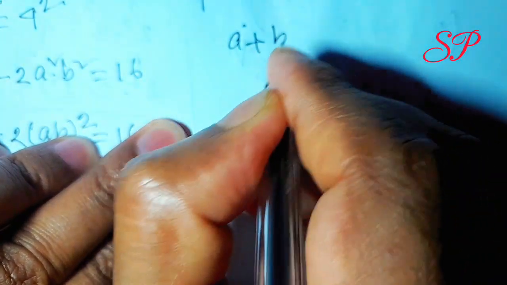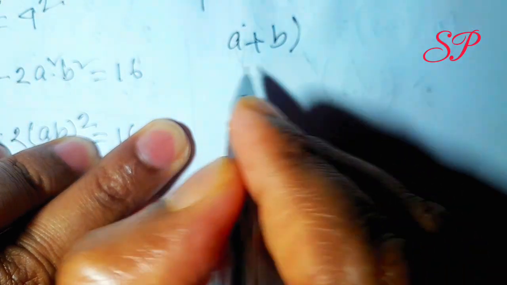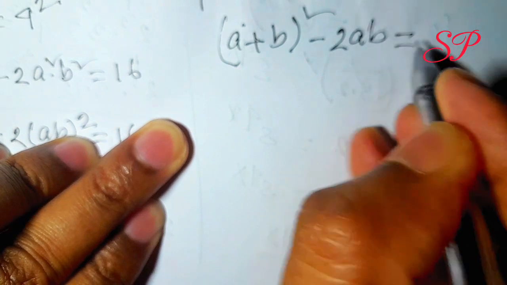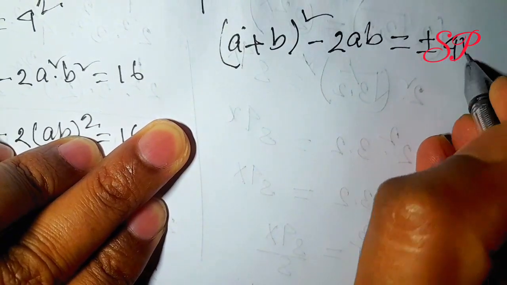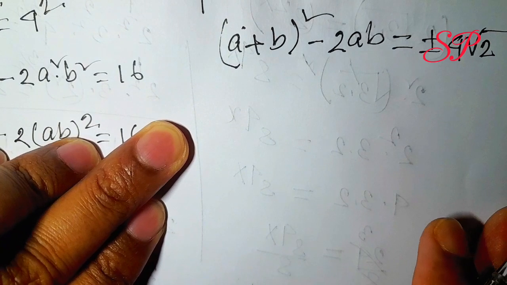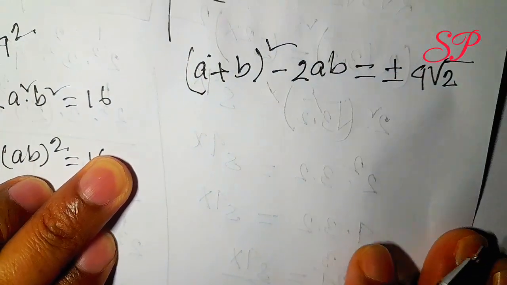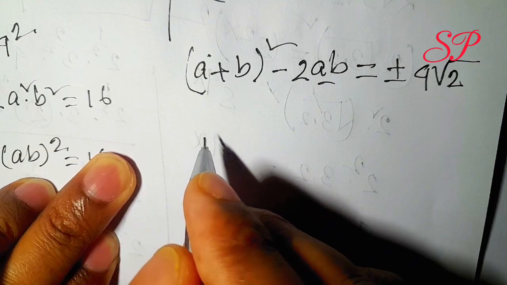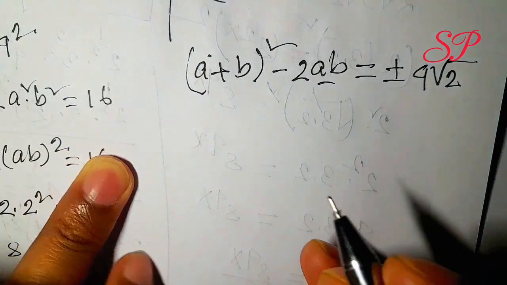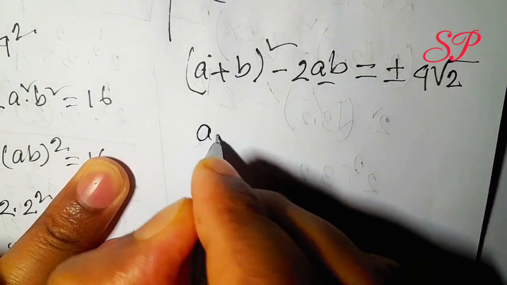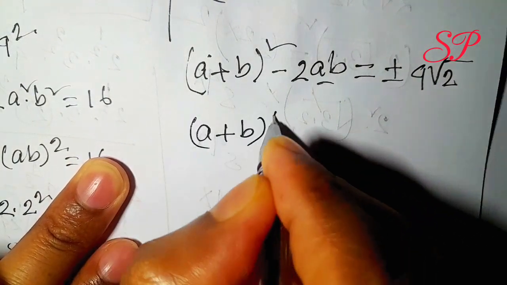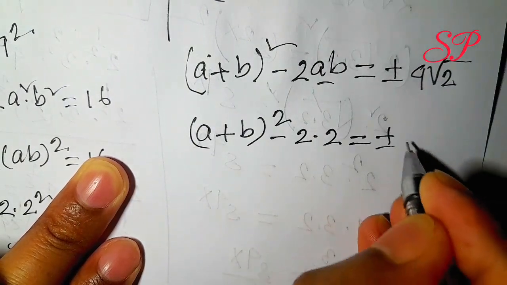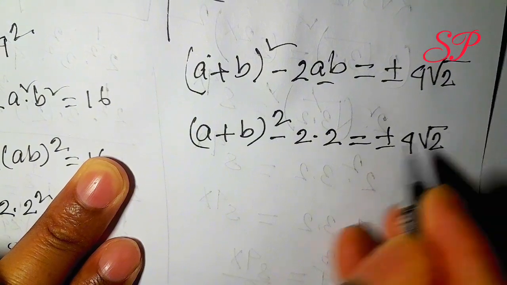a plus b all square minus 2ab is equal to plus minus 4 root 2. Putting ab equal to 2, a plus b all square minus 2 into 2 is equal to plus minus 4 root 2.